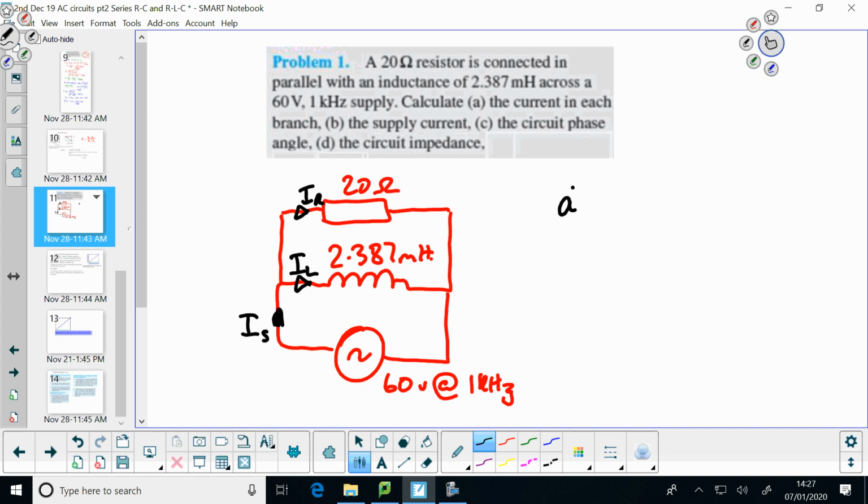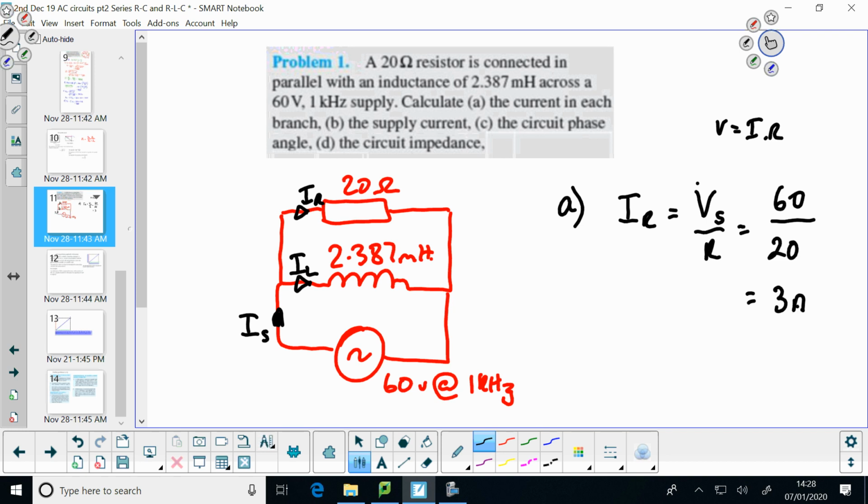So, how can we calculate IR? Ohm's law: V equals I times R. So I is equal to, in this case, Vs over R, which is 60 volts divided by the resistance, equals 3 amps.